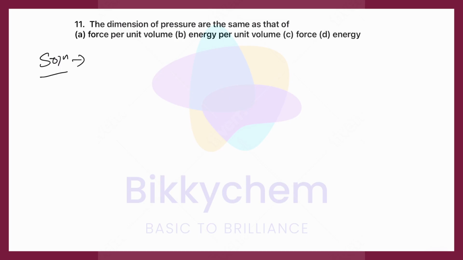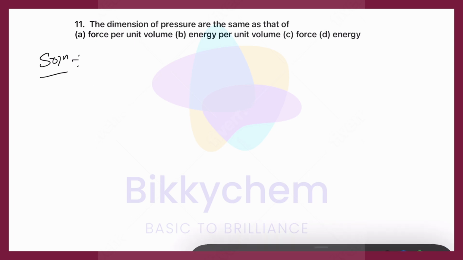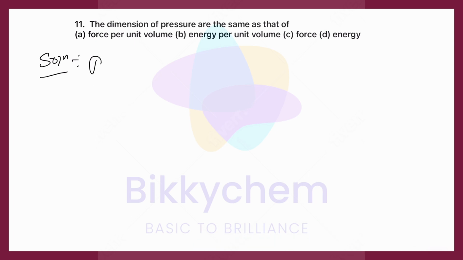The dimension of pressure is the same as that of force per unit volume, energy per unit volume, force or energy. So we know that pressure means force per area.